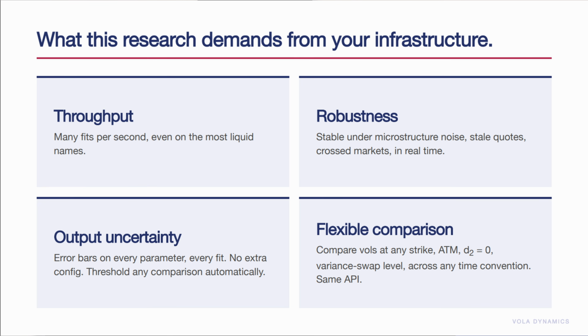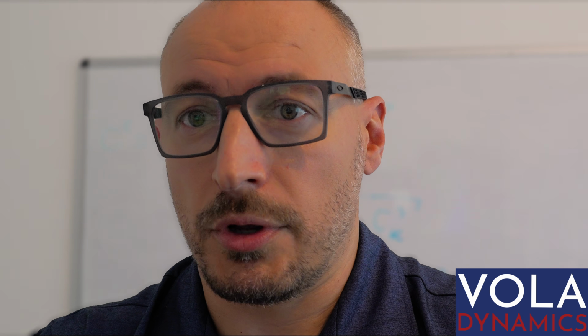It's not sensitive to temporary microstructure noise and other problems that usually happen when the market moves and you have real noise in the data, and you have output error bars, a very simple interface to compare volatilities at different levels. Either work with vol parameters or sample volatilities at different levels. If you want to compare vols at the money, or at d2 equal to 0, or variance swap levels, this is all very easy to do, just one function call.